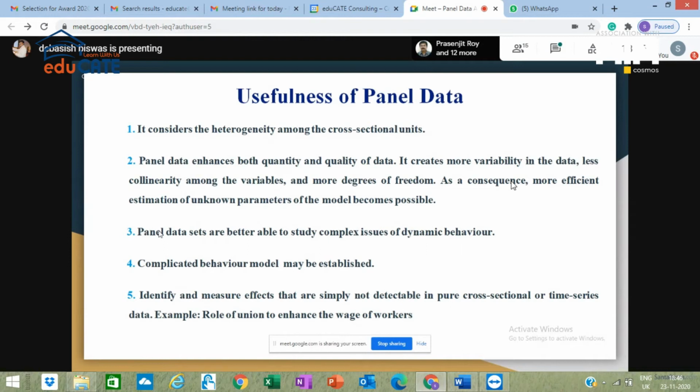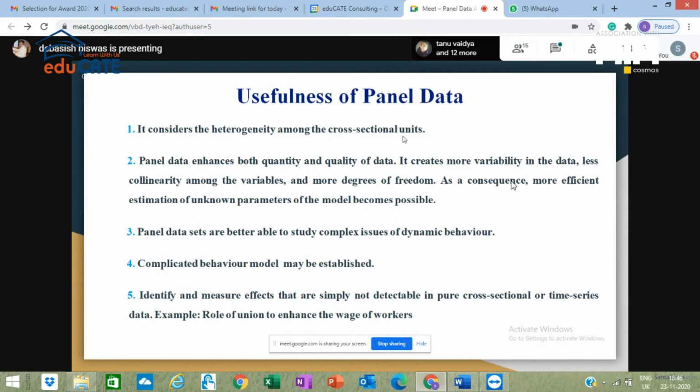panel data? The first importance is that it considers the heterogeneity among the cross-sectional units. That means in case of pooled data, as I told you, there is no classification of cross-sectional units.